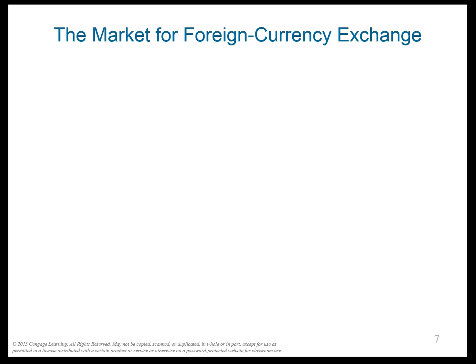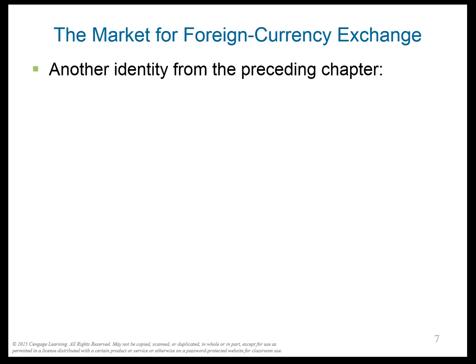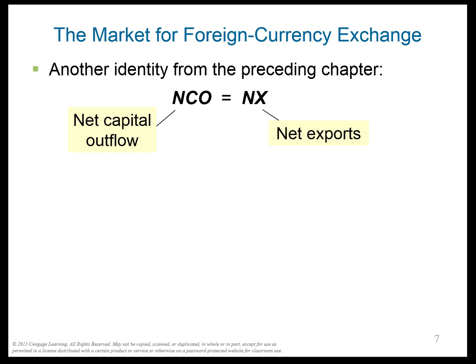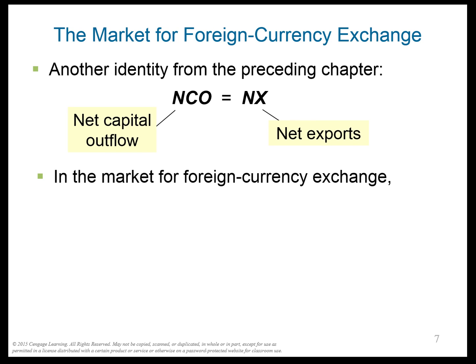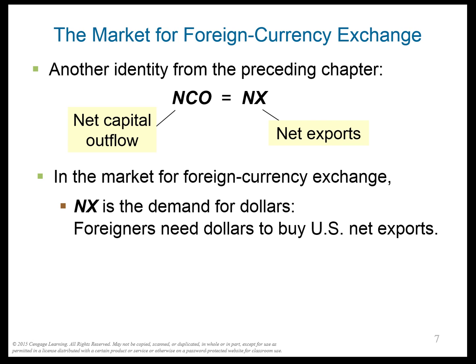When people send money into the United States from their foreign land to buy stocks and bonds, or when a U.S. citizen buys stocks and bonds from another government, we have to change the currency from dollars into the foreign equivalent. So we're going to do that because we remember that net capital outflow is equal to net exports. So in the market for foreign currency exchange, net exports is the demand for dollars, right?